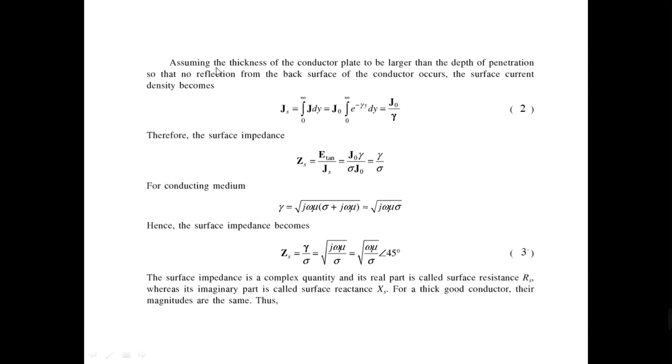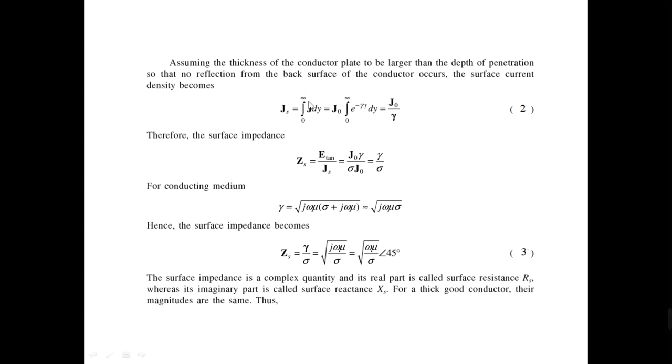Here, assume the thickness of the conductor plate is larger than the depth of penetration, or skin depth, so that no reflection from the back surface of the conductor occurs. So the surface current density becomes Js, where you assume the conductor is of infinite length and the current is distributed along the y direction to infinite distance.